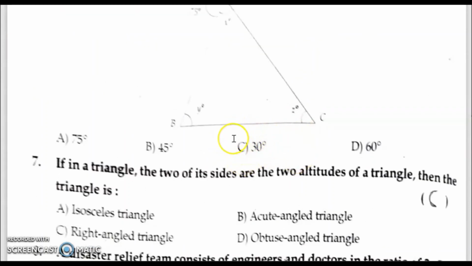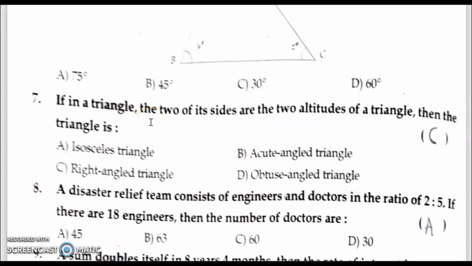If the sides of a triangle are its altitudes, then the triangle is a right-angled triangle. Two sides of the triangle intersect at a 90-degree point, hence they are the two altitudes.